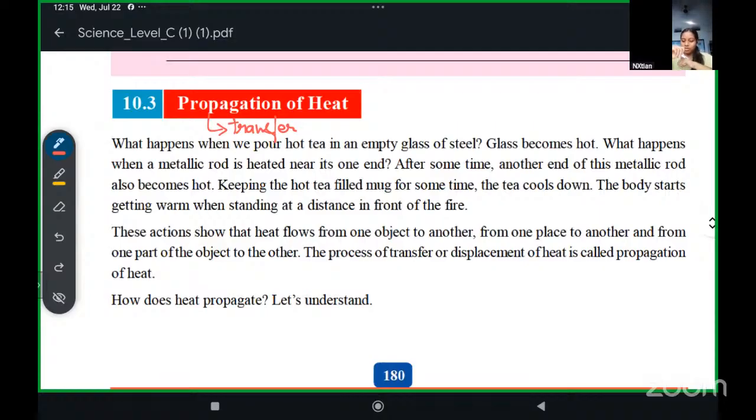So this is the process of transfer or displacement of heat, known as propagation of heat, transfer of heat. Learn the definition and also learn some examples like this.